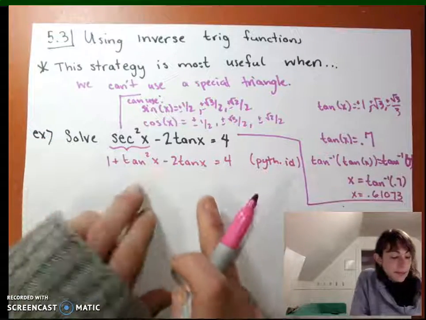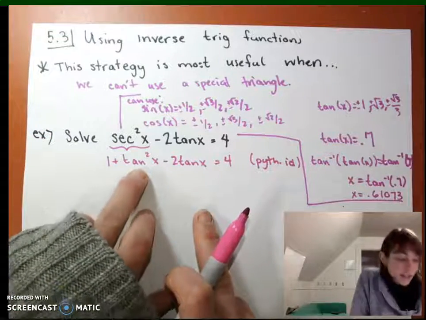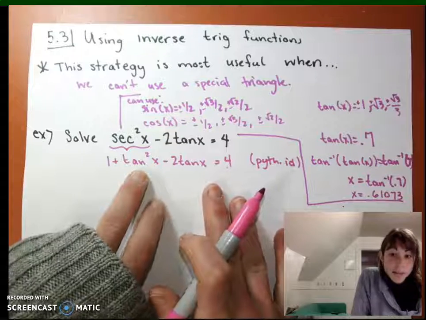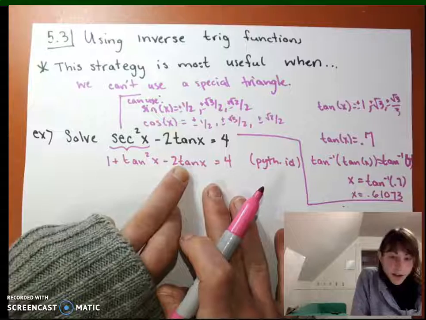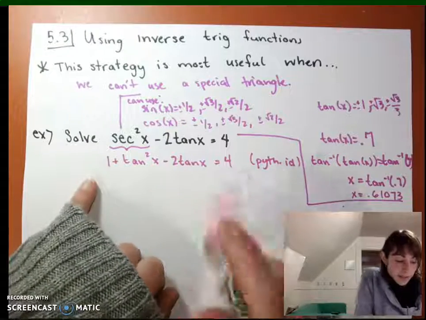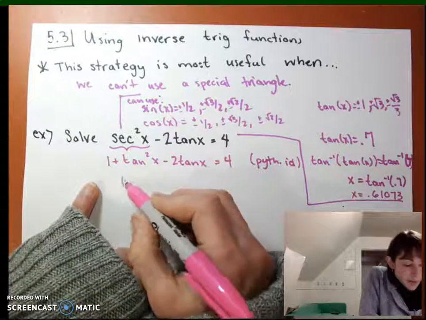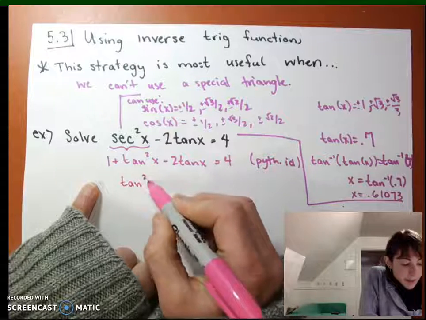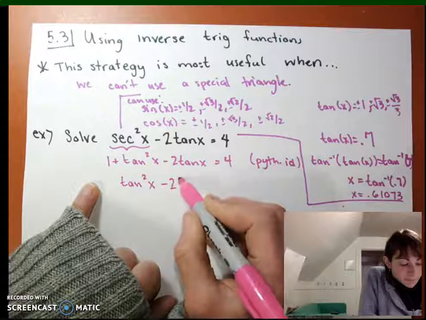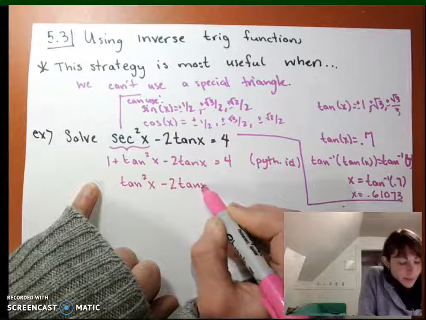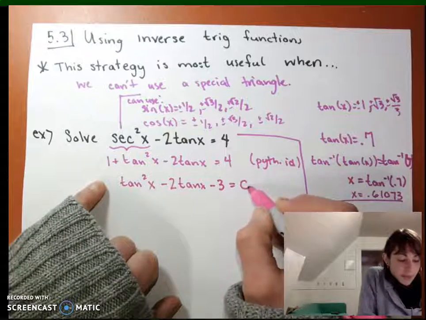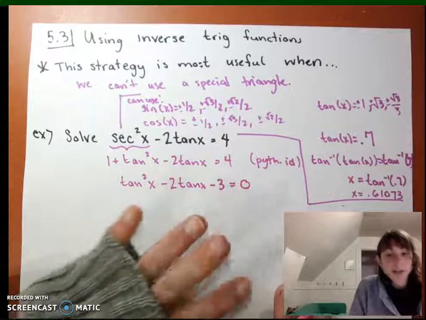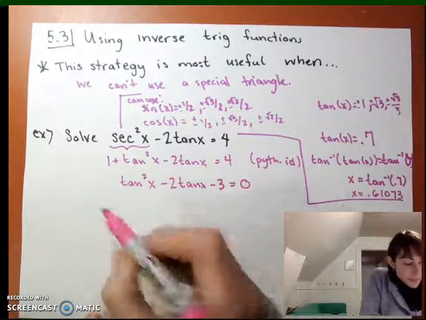Now I'll be able to factor this because I have an equation of quadratic type. So I have just a single trig function and it's squared, and I've got one that's not squared, and I've got some constant terms. So if I'm going to factor it, I'm going to want to bring that 4 over. So I'll get 1 minus 4, which is negative 3, set it equal to 0. If I'm factoring, I always want to have it equal to 0.